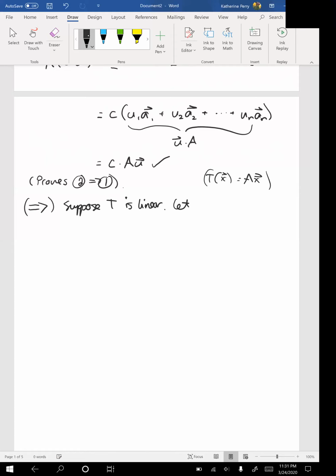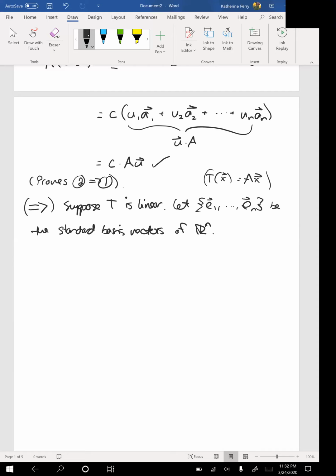So let this collection of vectors E1 to En be the standard basis vectors of Rn.